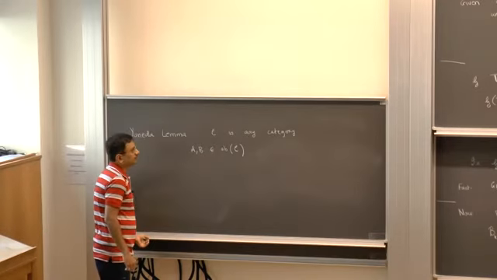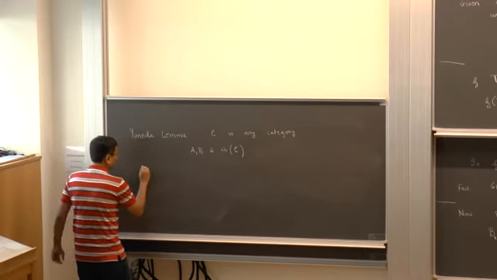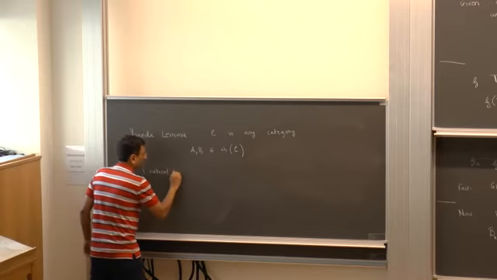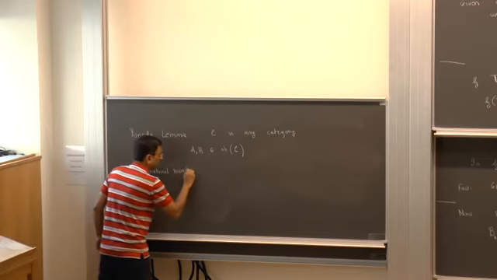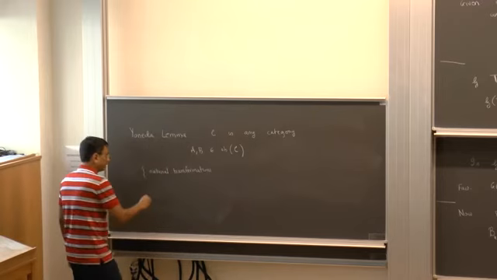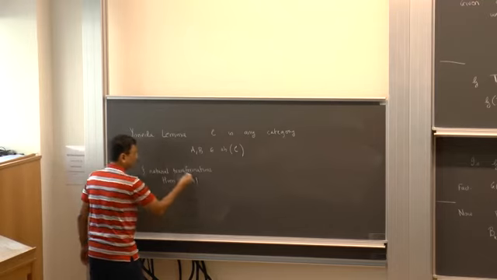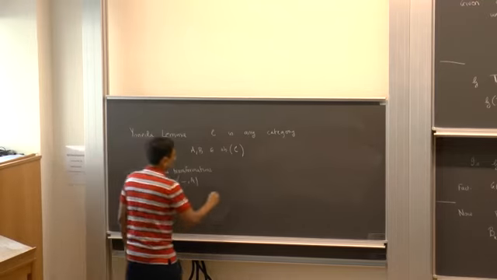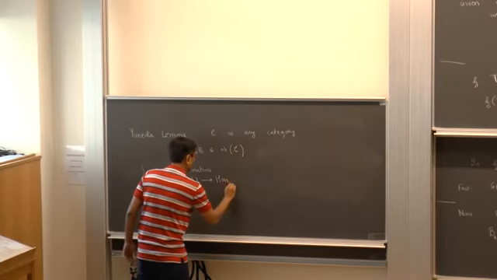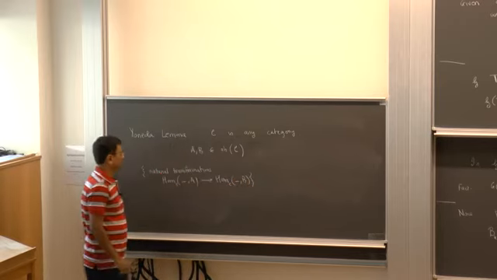Then the set of natural transformations between these two functors, Hom(-, A), the functor of points defined by A, to Hom(-, B), so I have these two functors.